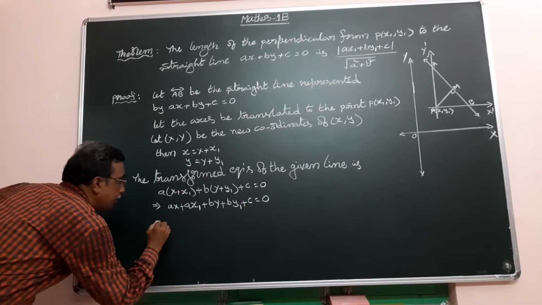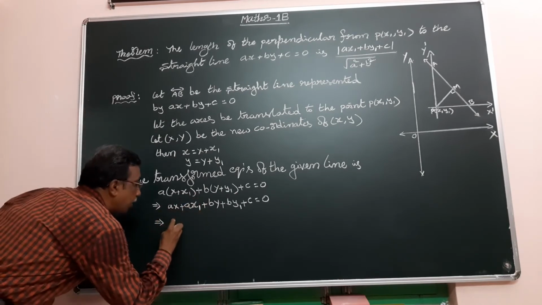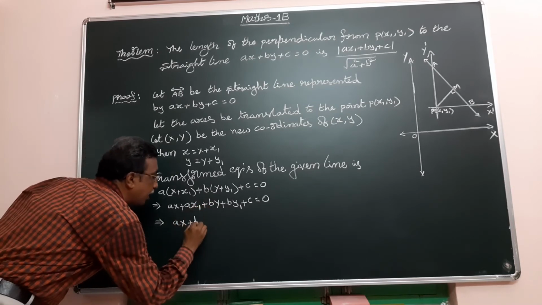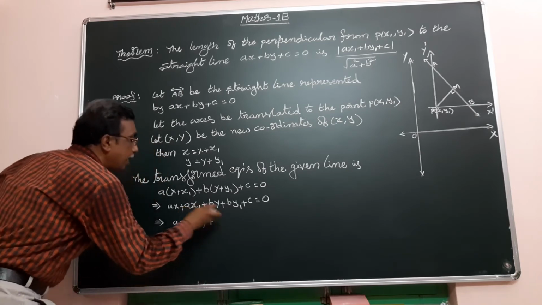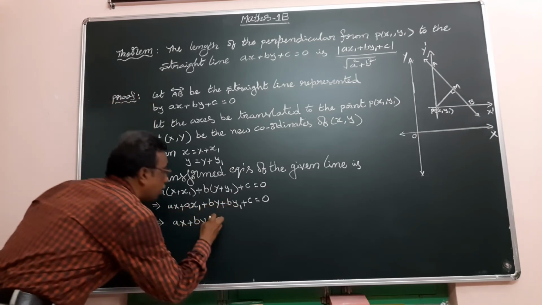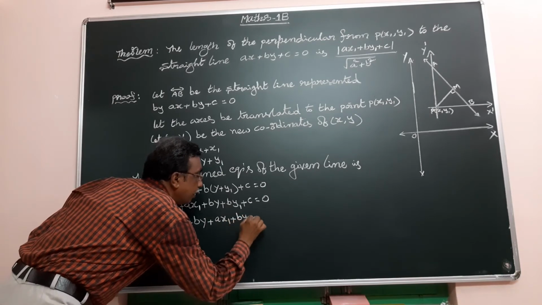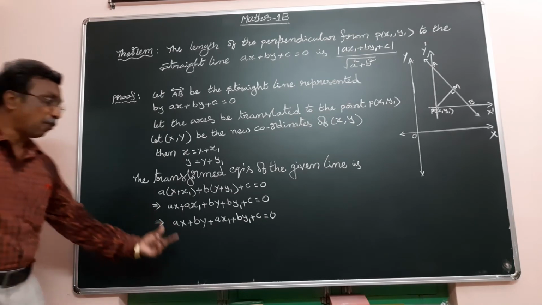That implies, now we write capital letters first: a into capital X plus b into capital Y, plus, next write the remaining terms, a x1 plus b y1 plus c equal to 0. This is the transformed equation.